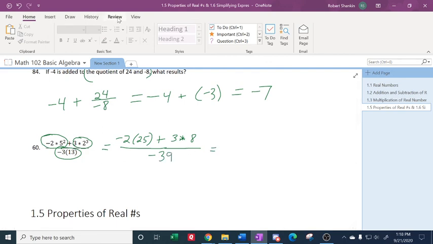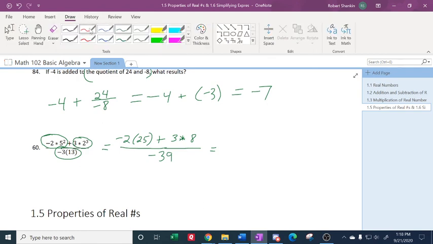Alright, now when I get to here, I'm going to replace this with negative 50. I'll replace this with 24. So put these together and I get 26 over negative 39. Now, positive divided by negative is a negative.